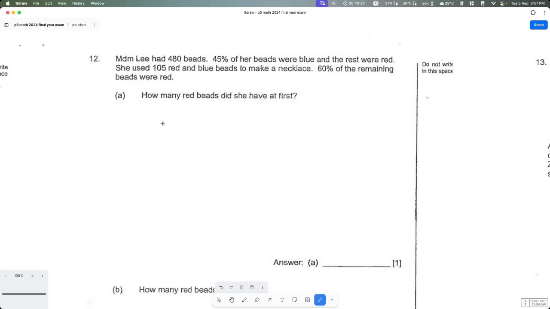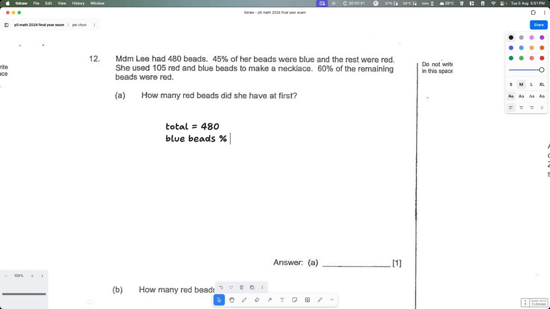So basically the total is equal to 480. Blue beads percentage is equal to 45%. So red beads percentage is equal to 100 minus 45, which is 55.